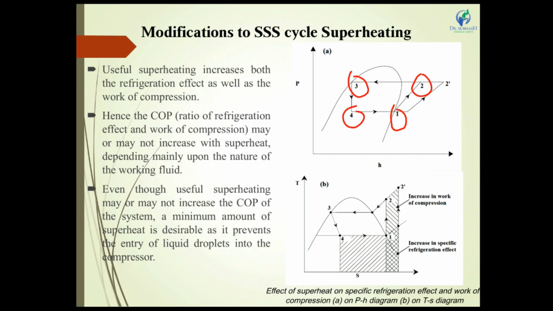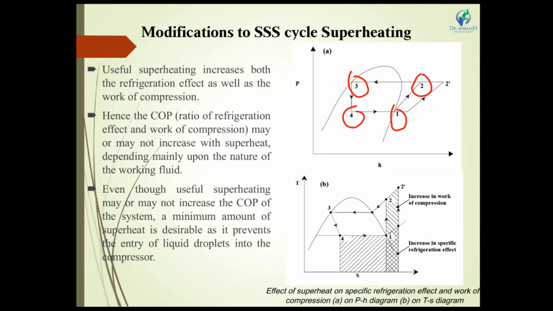From point 1, saturated vapor enters into the compressor. After the compression process, it becomes superheated at point 2, and the process 2 to 3 is a condensing process. The 3 to 4 expansion process is called a throttling process, where we decrease the pressure and temperature of the refrigerant.